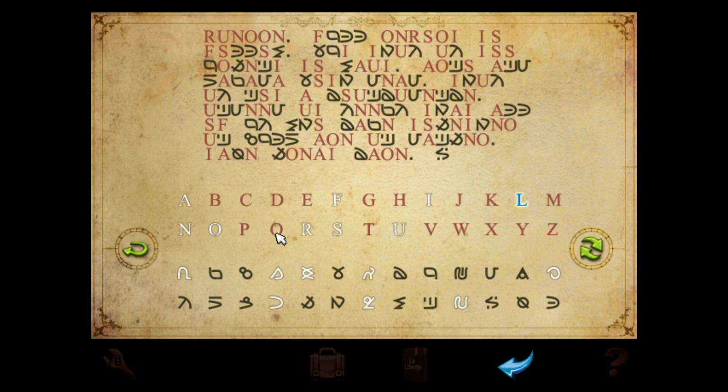Let's give it to an E. No. Maybe L is that. And then maybe A is this. Nope, that's not even the right symbol.